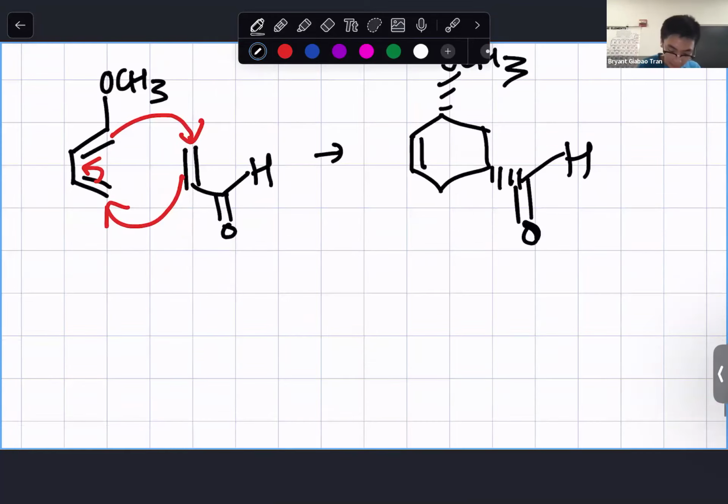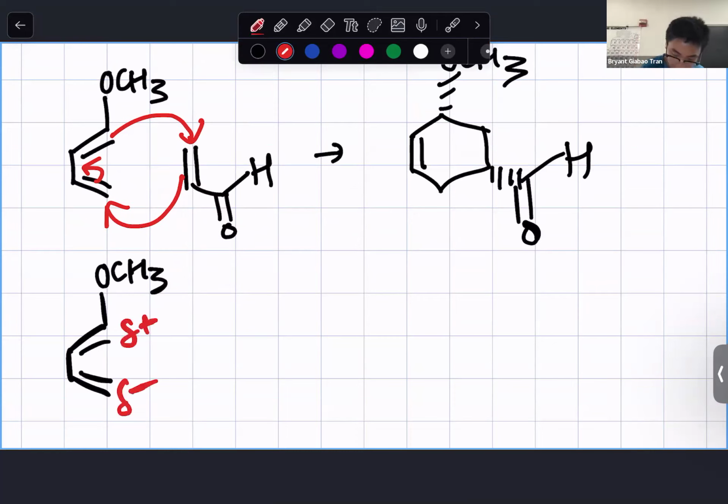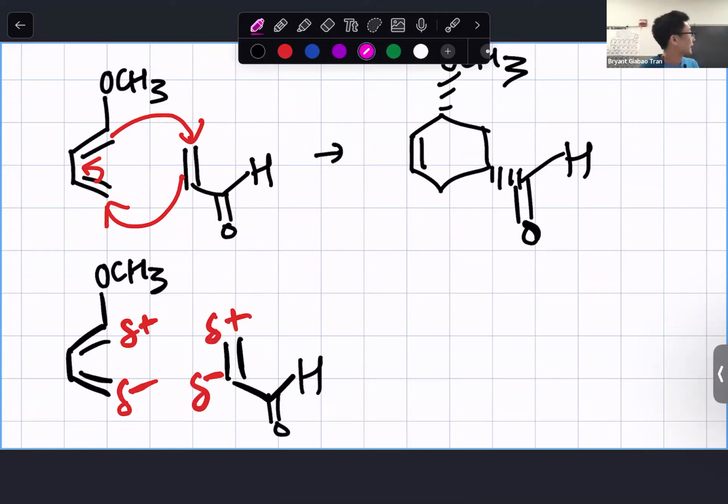Because you notice how when we did the resonance structure, we know that there's a negative charge here, positive charge here for the diene, and for the dienophile, there is a positive charge here, negative charge here. Do these charges align, attract to each other? No, they do not. So this will not happen.